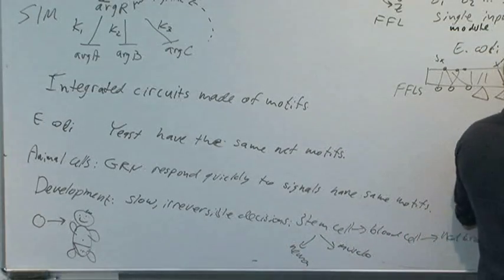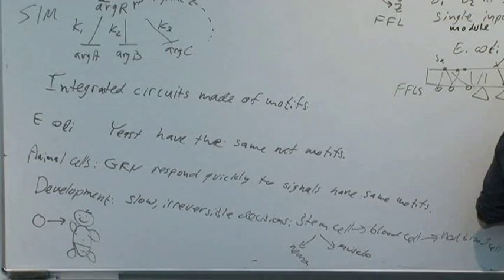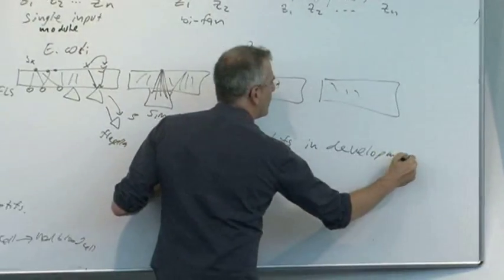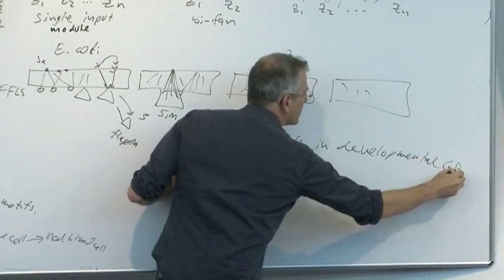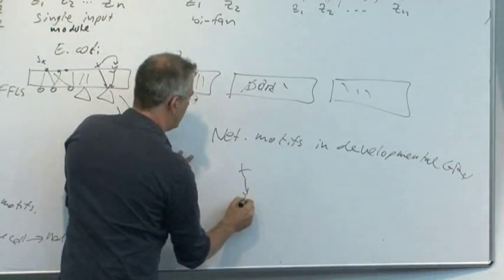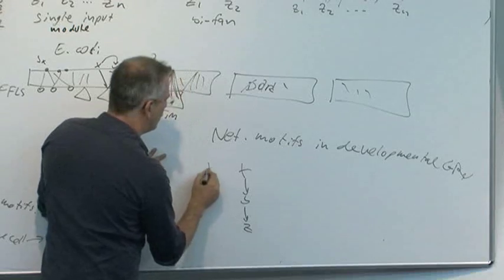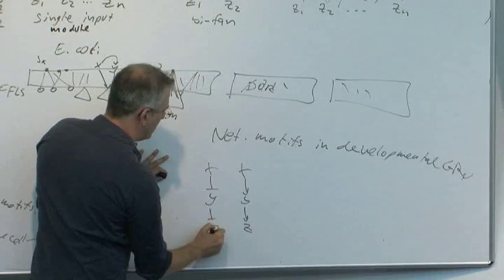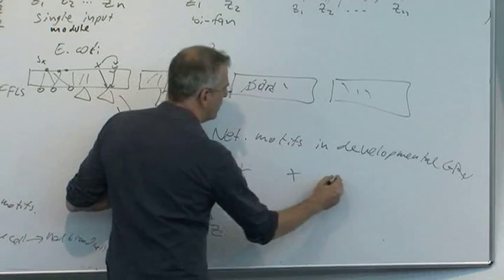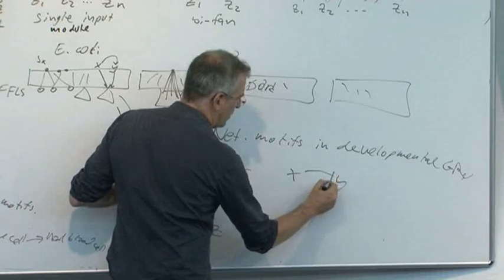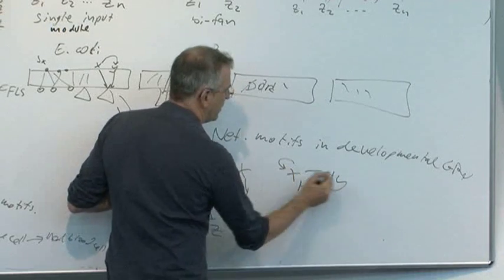So there's additional network motifs in developmental gene regulation networks. And they are the cascade, a lot of times a cascade of repressors, and positive feedback loops.